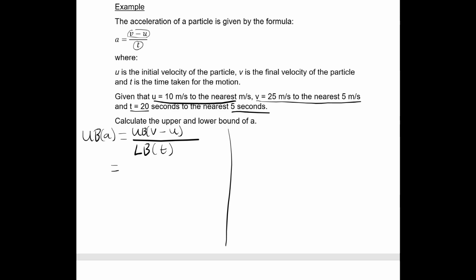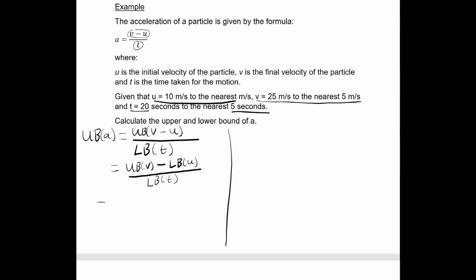Now the upper bound of v minus u on the top is given by the upper bound of v take away the lower bound of u, because we want the largest value taking away the smallest possible value. And then the lower bound of t on the bottom, that doesn't need any changes here.